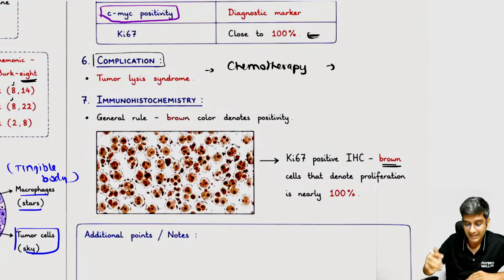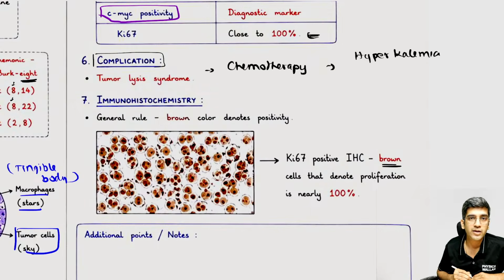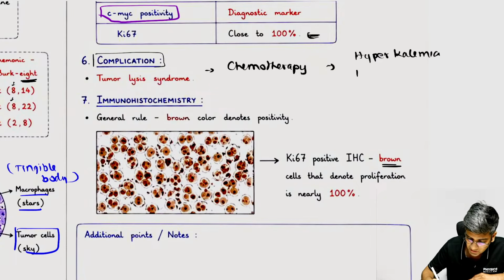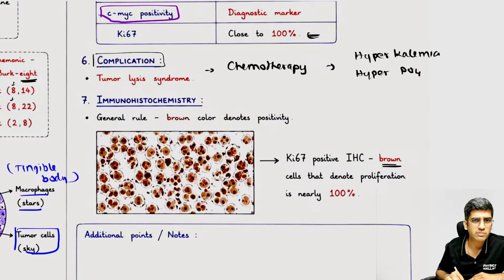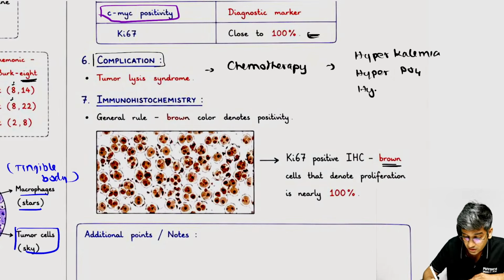When all of them are killed, what happens? You'll have tumor lysis syndrome, which will result in hyperkalemia, because potassium is the most common intracellular ion, right? Then you'll have hyperphosphatemia. Phosphate is an intracellular buffer that will come outside. Phosphate binds with calcium in the extracellular space, so that will cause hypocalcemia.